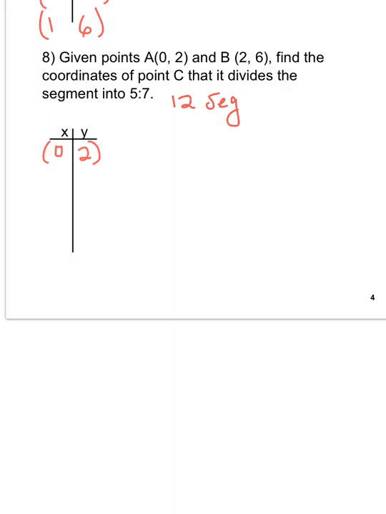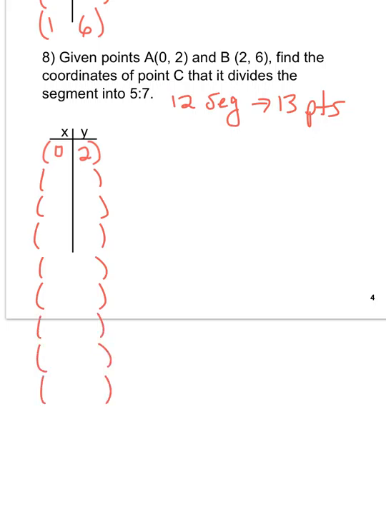Now we're going to make a really long table. Remember, 12 segments means 13 points. So I would have 1, 2, 3, 4, 5, 6, 7, 8, 9. I'm not even sure I'm going to have enough room. 10.